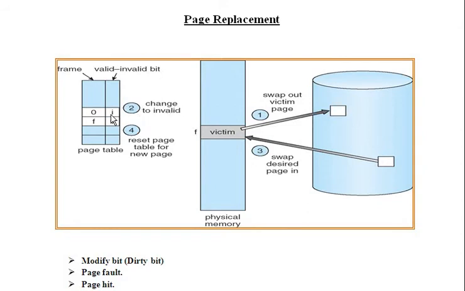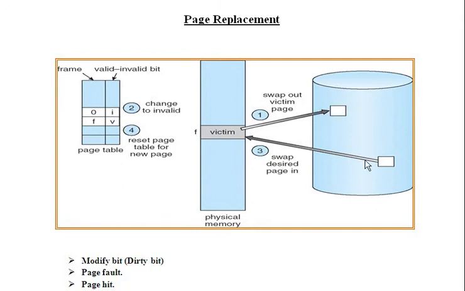Earlier it was valid, now it is invalid. When a swapping out of a page occurs, resetting of the page table has to be done. Earlier it was valid because it was in main memory. Now it has been moved, so V has been converted into I, which is the invalid bit. When the CPU asks for, say, page O again, O is not available. Earlier it was, now it is not.